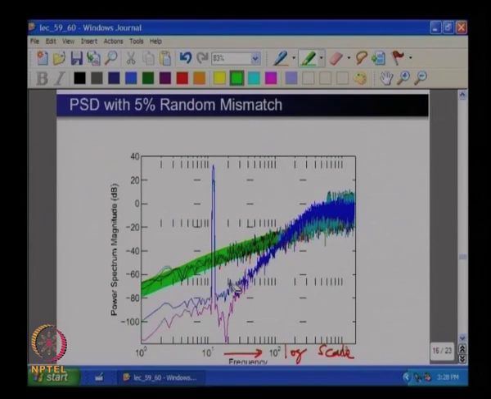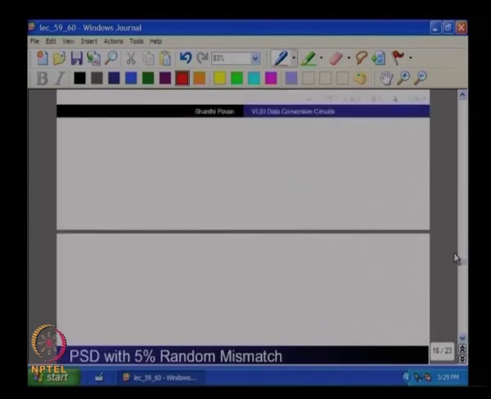And the ideal one is this part, and the spectra of the mismatch shaped DAC and the ideal DAC coincide at high frequency, okay, only at low frequency is where they were supposed to cancel out, right, and there is a small residue. Now, what is one obvious comparison that we would like to do now?